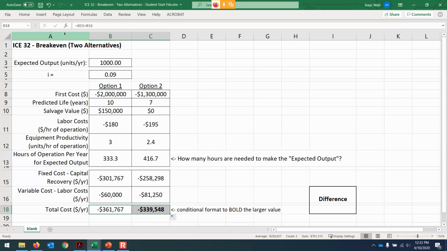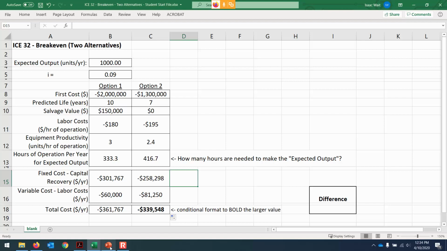You can see I've already got the conditional formatting applied, so the less negative value, the amount that's higher, means it's the lower cost. So is it better to spend $339,000 or $361,000? Assuming all things are equal, that the quality of each item produced is the same, then it's better in this case for us to choose option 2 because it's less expensive.